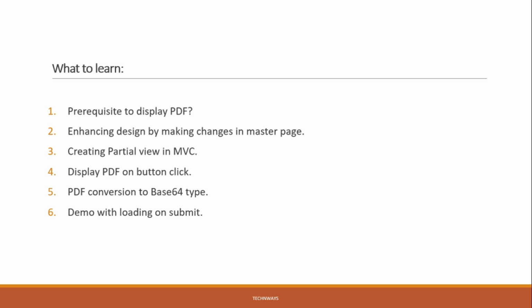We will be creating a view and a partial view, because we are going to implement this functionality in a separate page. For that we need to create a separate view, and inside the view we will be calling the partial view that will display the PDF. We will keep one button, and after clicking on that button the PDF will get displayed.